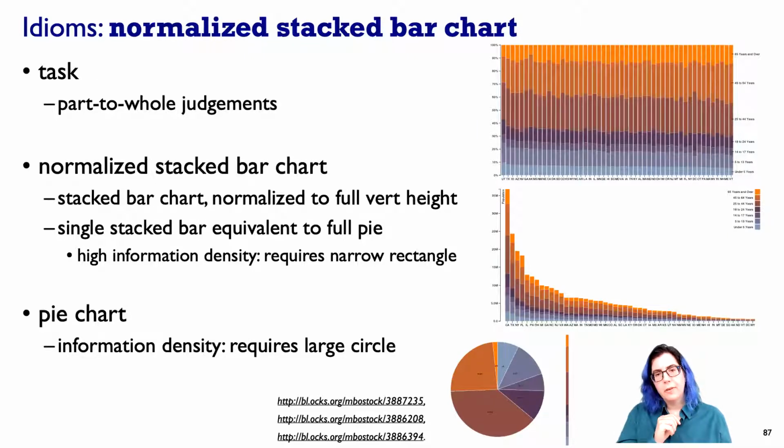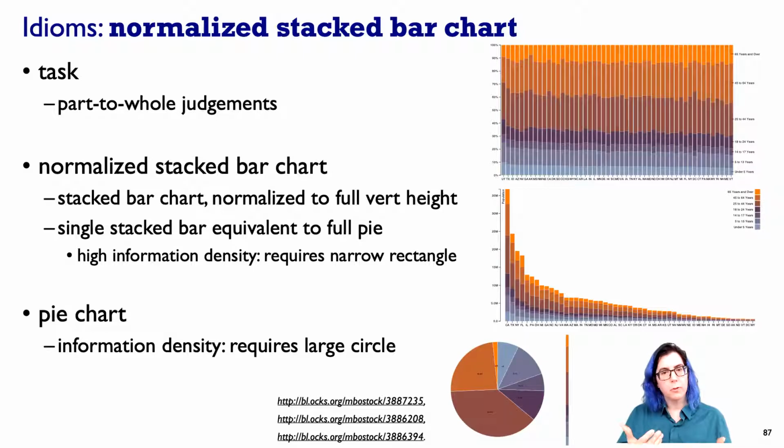Now, if we're thinking about information density, how much information can we fit in a relatively small number of pixels, then we can consider an alternative, the normalized stacked bar charts. So take the stacked bar charts we've already seen and for each bar normalize it so it's taking up the entire height, and that's what we see on the top there. We've normalized the bar chart in the middle.